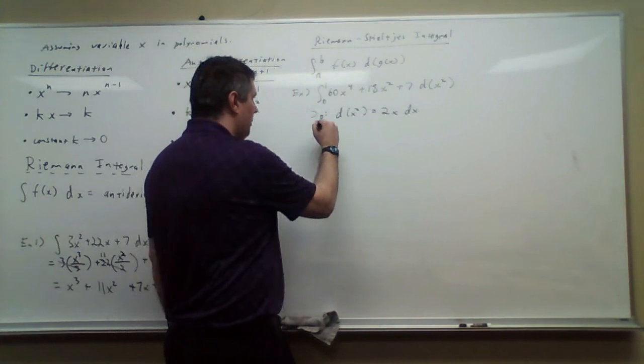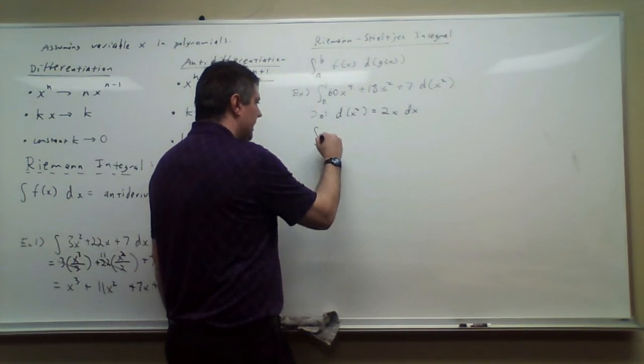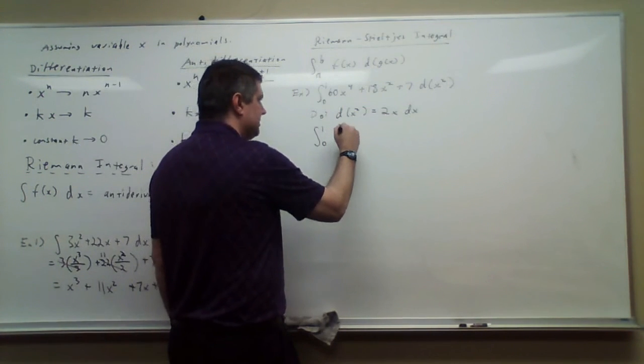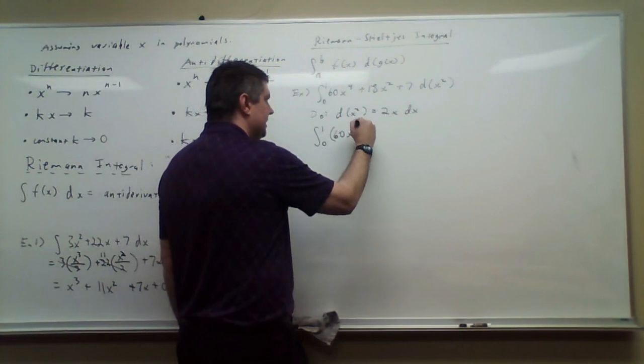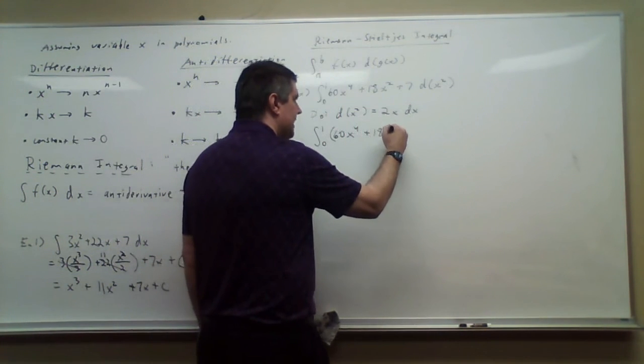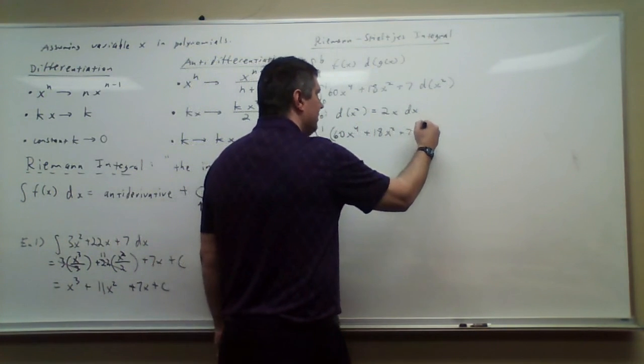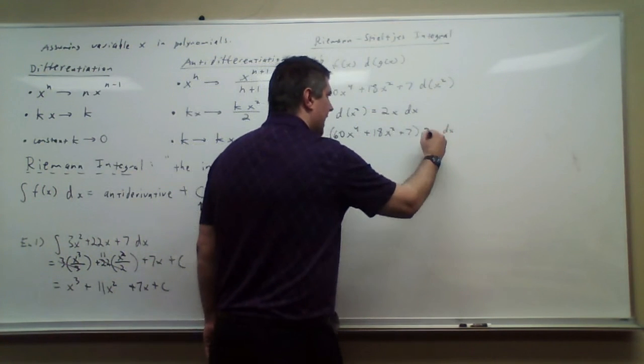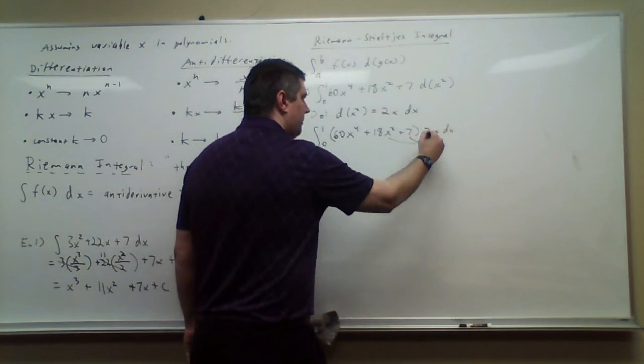Okay? So what we would now have is the integral as x goes from 0 to 1 of, we'll put in parentheses, 60x to the 4th plus 18x squared plus 7, times 2x dx. And then it's simply going to be a distributive property situation.